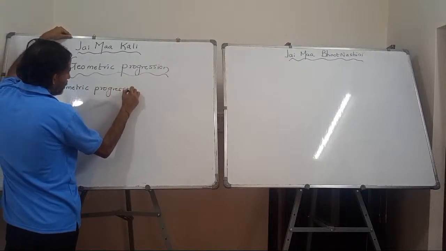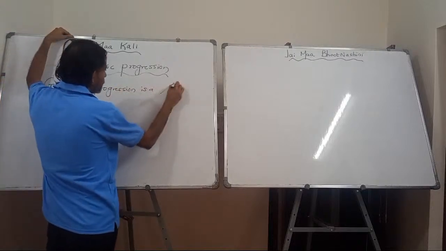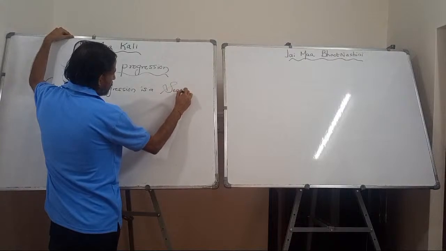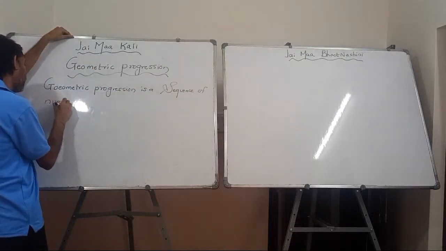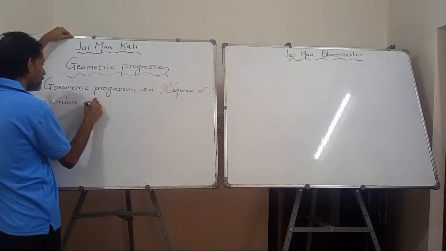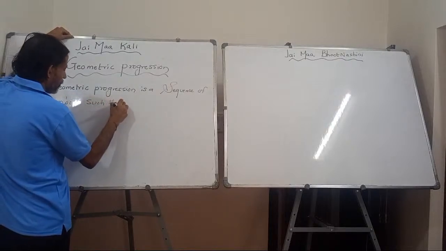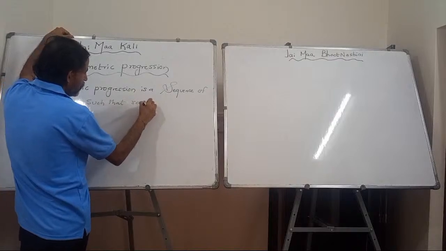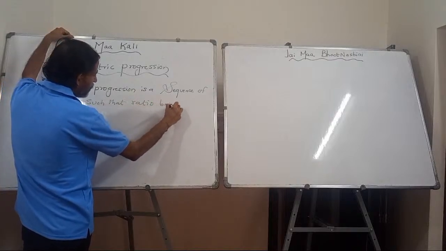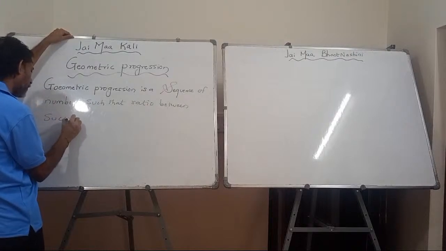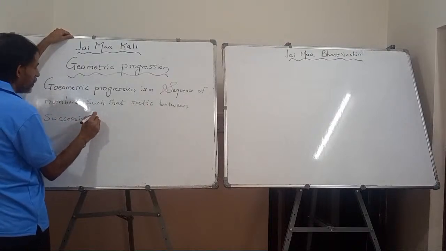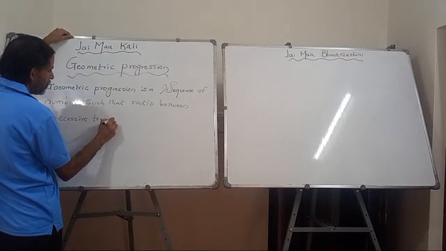A geometric progression is a sequence of numbers such that the ratio between successive terms is the same.